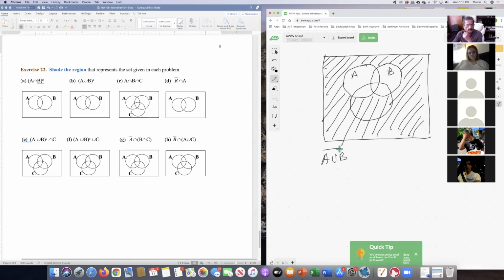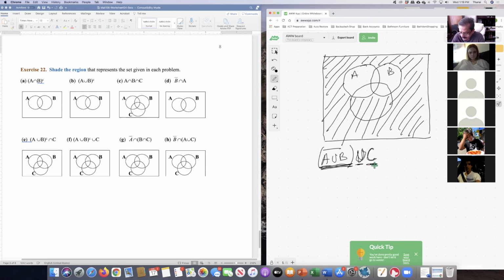So what I need to do next is combine this whole shaded region to C. If I do that, what region will be added to the answer? Obviously, A union B bar is part of the answer. When you combine something, some more things will be added. What region will be added?